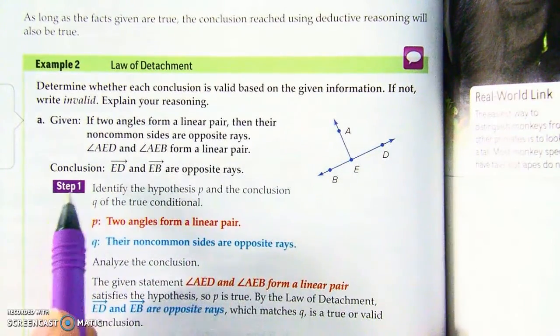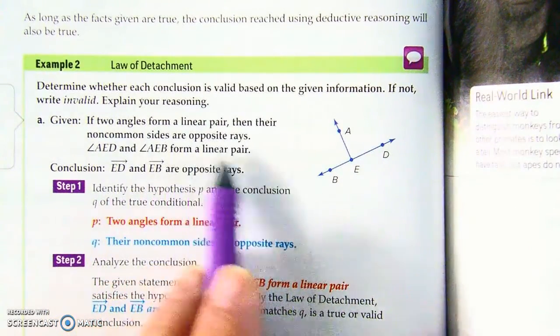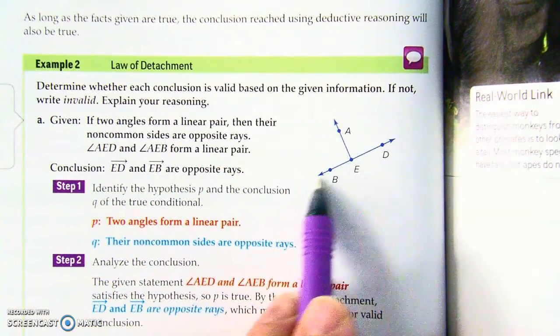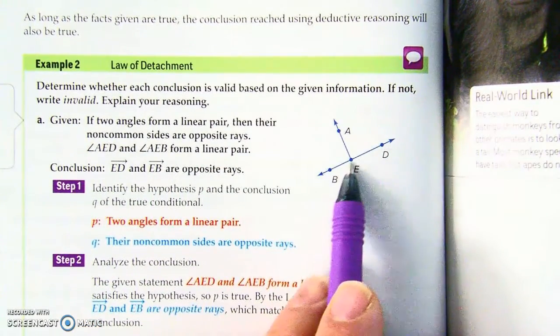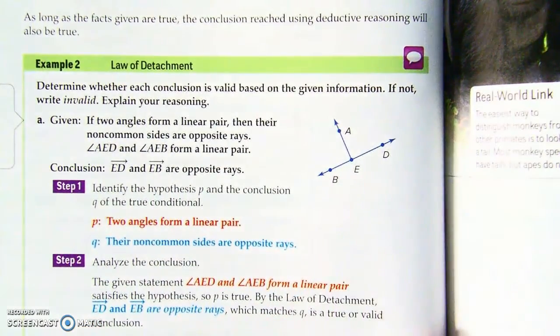Then their non-common sides are opposite rays. This is a non-common side, and this is too, which means they're opposite rays, which also means they form a straight angle, or a straight line.